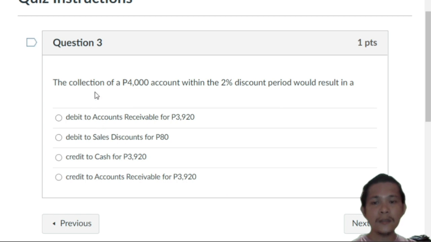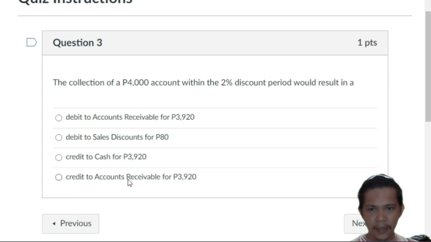Ang tanong is, yung collection ng 4,000 na account mo, yung accounts receivable within the 2% discount period. Okay, so ang tinatanong dito, alin dyan yung kasama sa journal entry? Pag meron kang na-collecta na accounts receivable, i-credit natin yung accounts receivable for the full amount, 4,000. Meron ba ditong accounts receivable na credit for 4,000? Wala. For the amount pa lang, wala na.